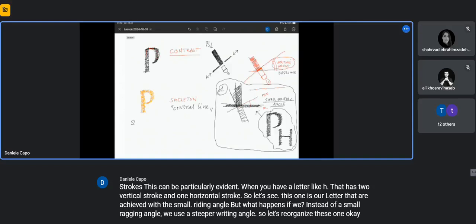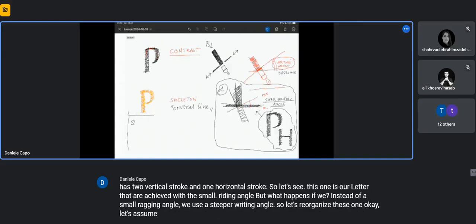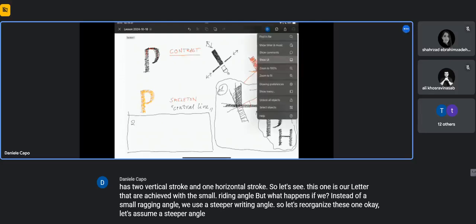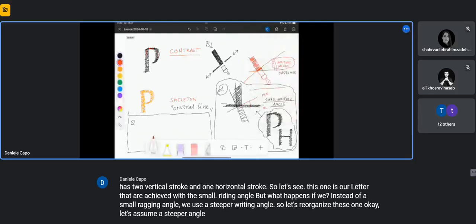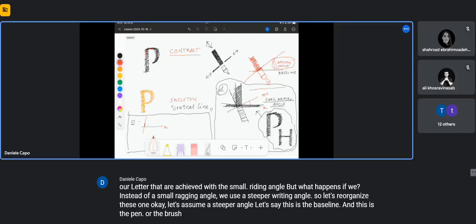Okay, let's assume a steeper angle. Let's say this is the baseline and this is the pen or the brush.